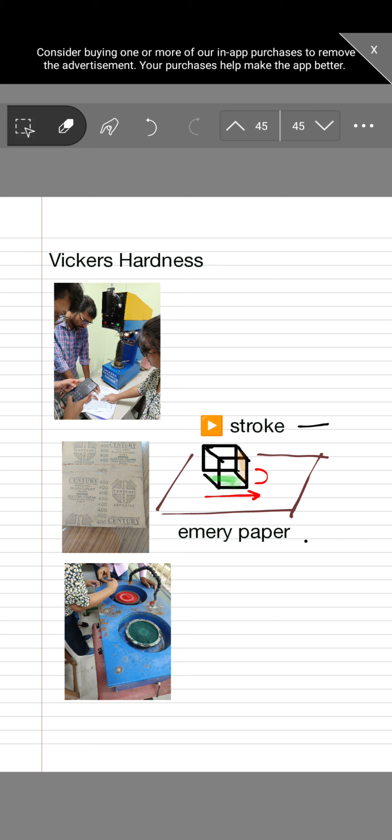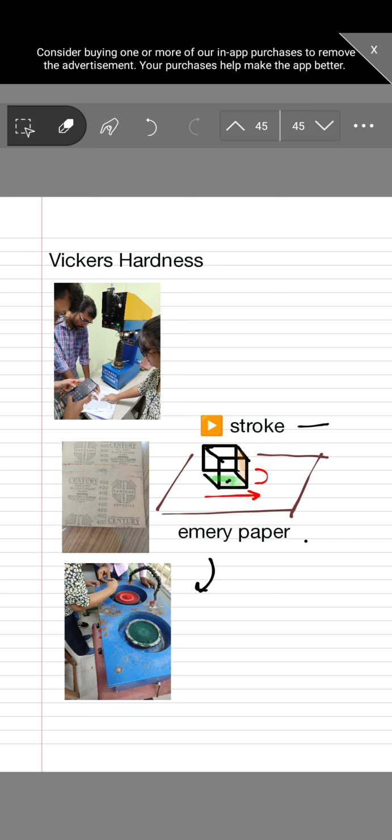First you provide a single stroke, and keep doing a single stroke till one of the faces is polished, and then you rotate it 90 degrees so that the other one gets polished as well. After this, it gets further polishing on a rotating wheel.